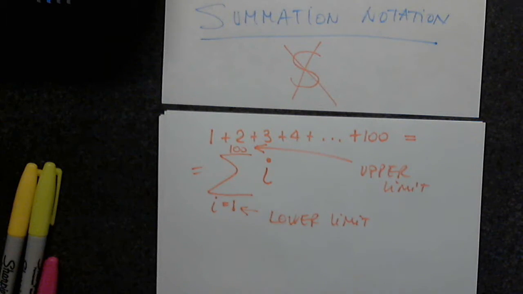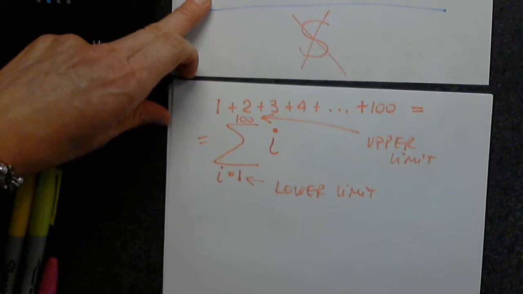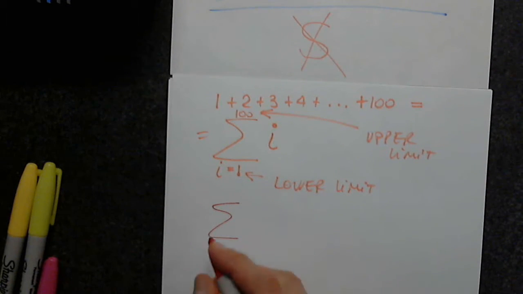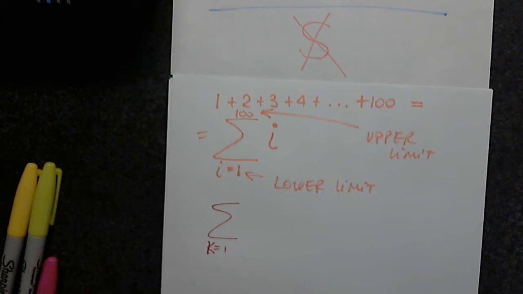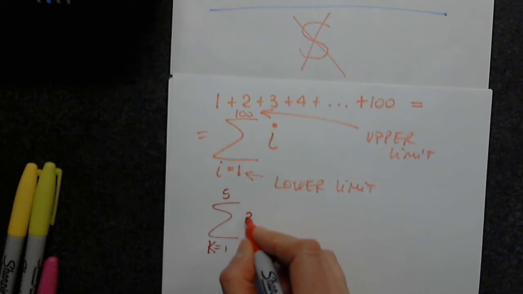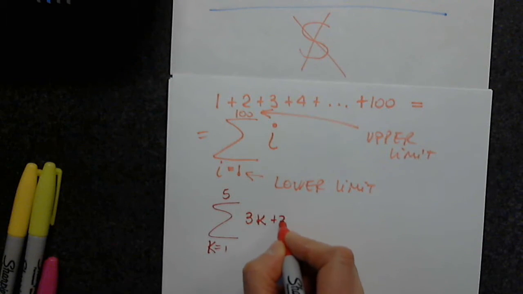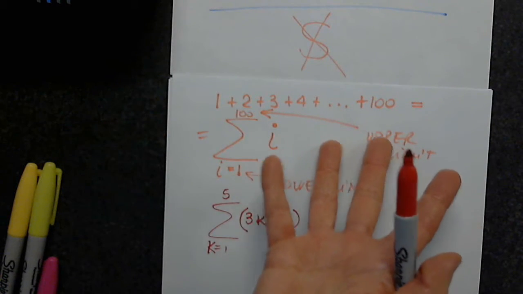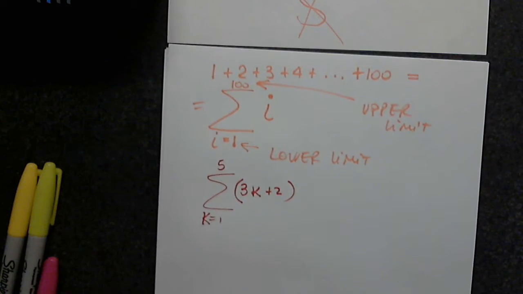So it's a very elegant way of presenting all this. Okay, now, what if I want to add, by the way, I is not the only index, I can use K, I can use J, from K equals 1 through 5, let's say, of 3K plus 2. I'll come back and we'll determine the sum. I'll show you the formula in a minute.